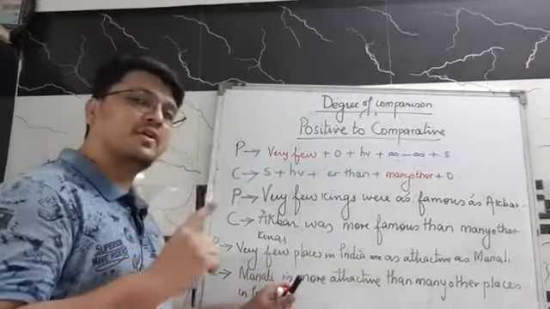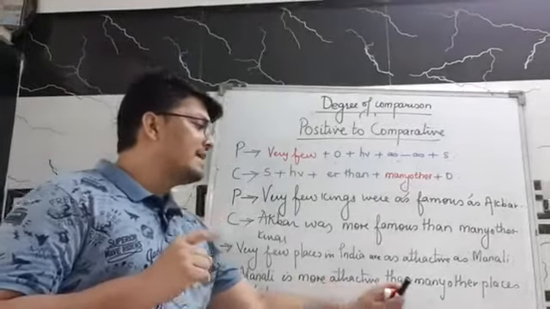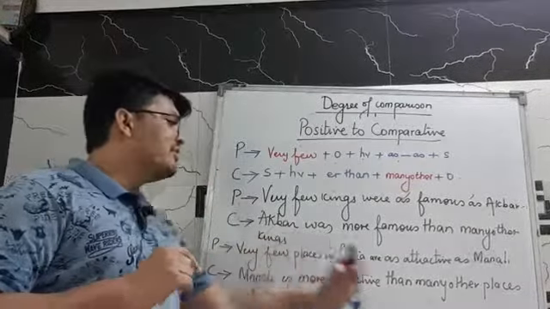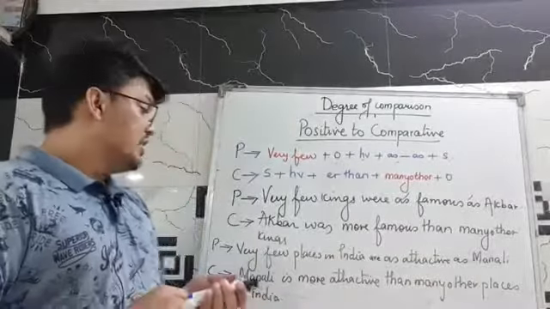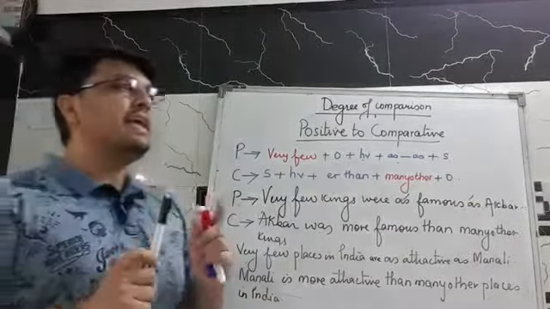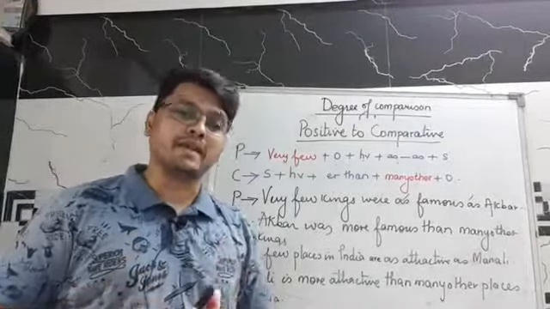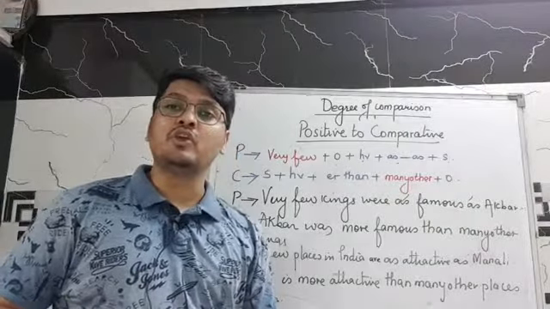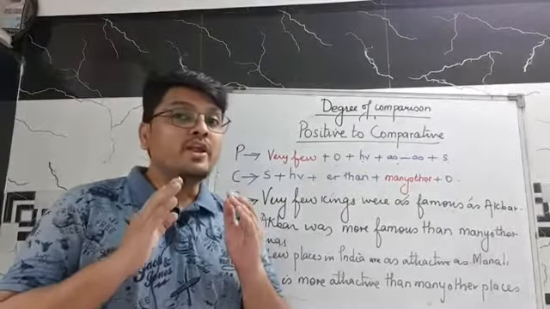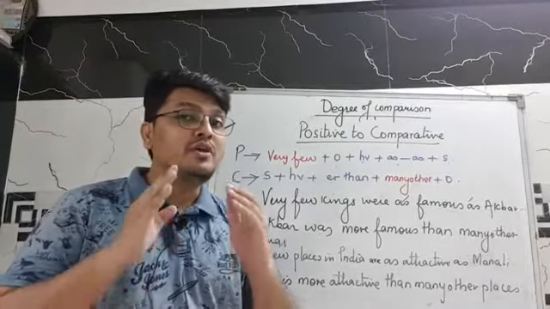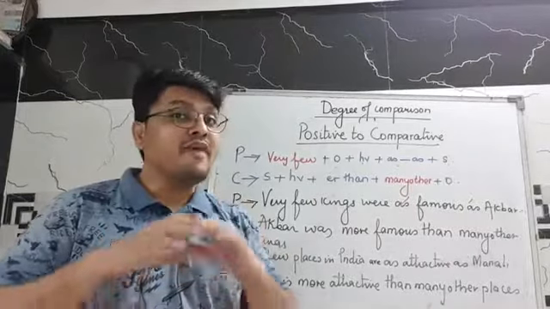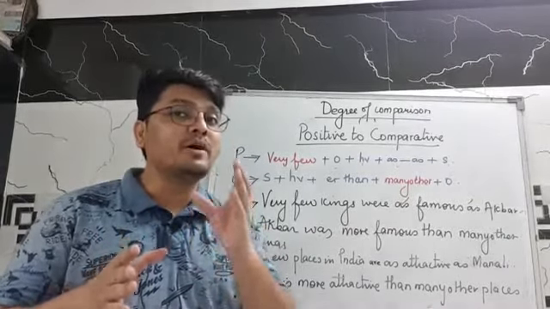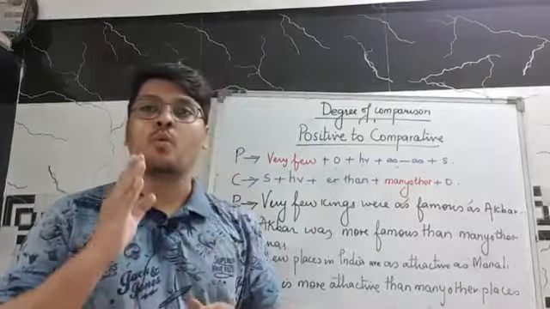Manali is, it's singular, more attractive than, very few turn into many other places in India. So now students, you have to be very careful in using any other and many other. Any other will be used when you will see no other in the beginning of positive degree. And then you will see many other when positive degree starts with very few.